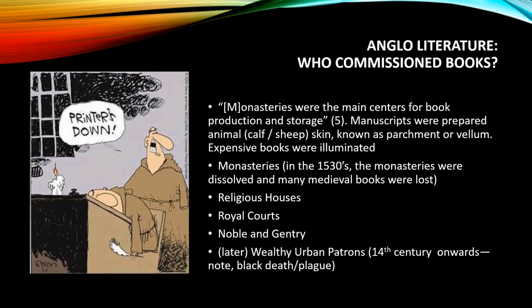But King Henry VIII in the 1530s dissolved the monasteries, and many medieval books were lost. We'll go into King Henry VIII in more detail later, but he wanted to divorce his wife because she gave him a daughter and she wasn't giving him a son, and he wanted a son.